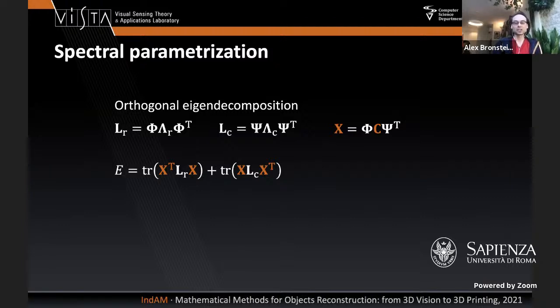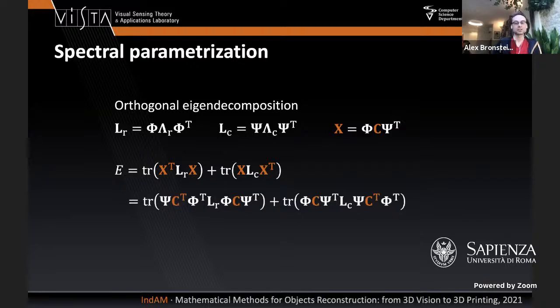Now this is our energy term. With some algebraic massage, after we change the basis, we can just transform it into this, obviously substituting the expression for X. And because phi and psi diagonalize the corresponding Laplacians, we get this very simple expression for the energies. Obviously, lambda. So the penalty now has a quadratic form with diagonal matrices. That is obvious because we are working with the eigenbases of the Laplacians.